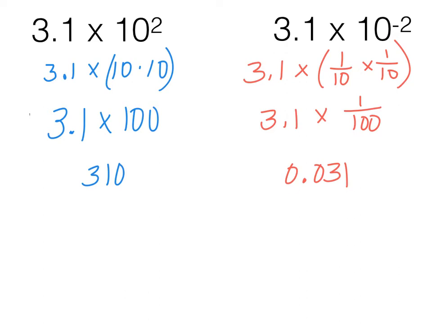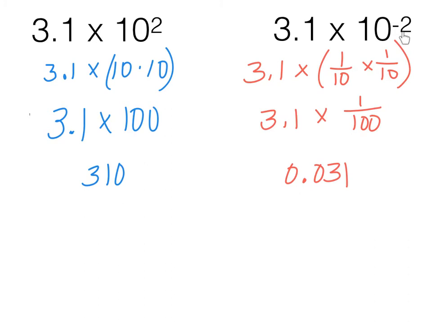It is not negative. A trick that you can do with scientific notation is look at the exponent. If it is positive, you can move the decimal point over that number of times to the right. So 3.1, 2 times over, that's 1, 2, and you can see it here. Starting between the 3 and the 1, 1, 2, you get 310.